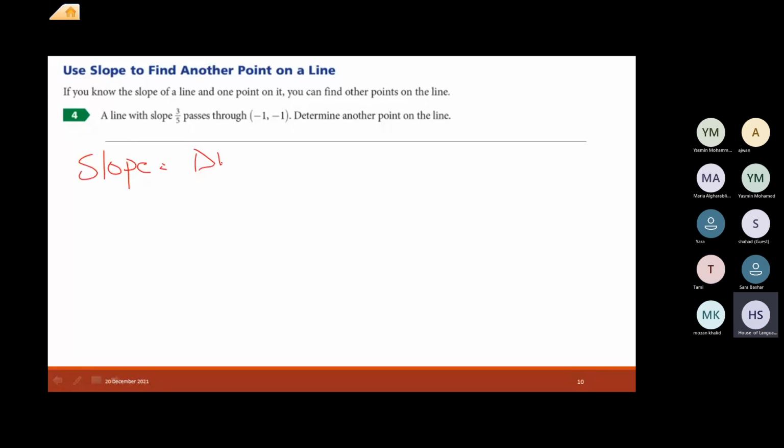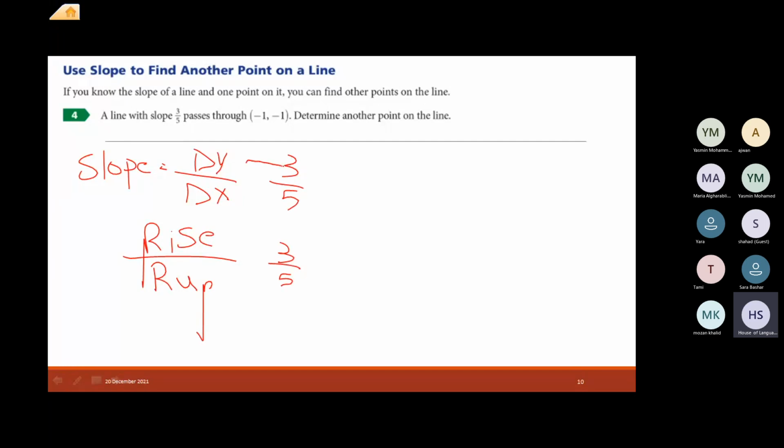It's delta y over delta x, and it's the slope, rise over run. Did you remember these 2 things now? If you have now 3 over 5, then delta y is 3, delta x is 5, or the rise is 3 and the run is 5. That's it.